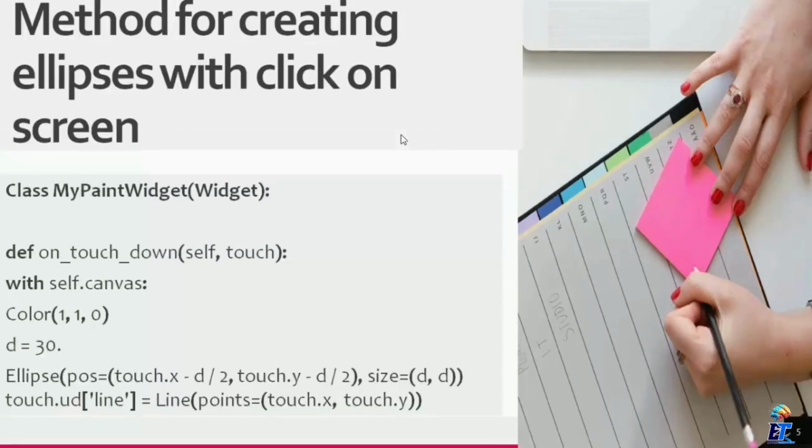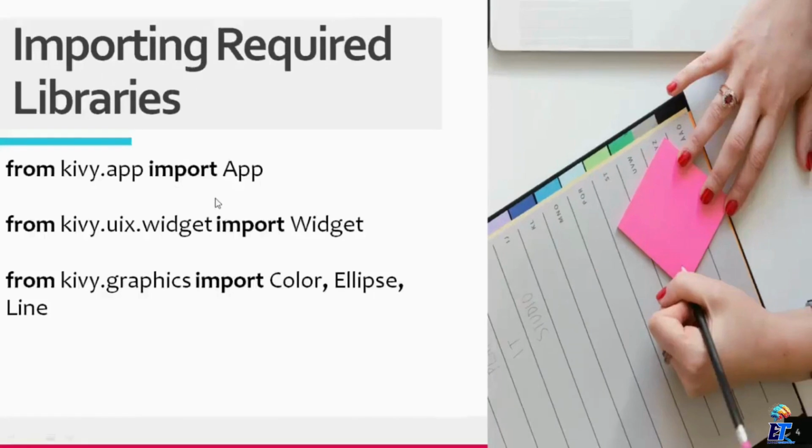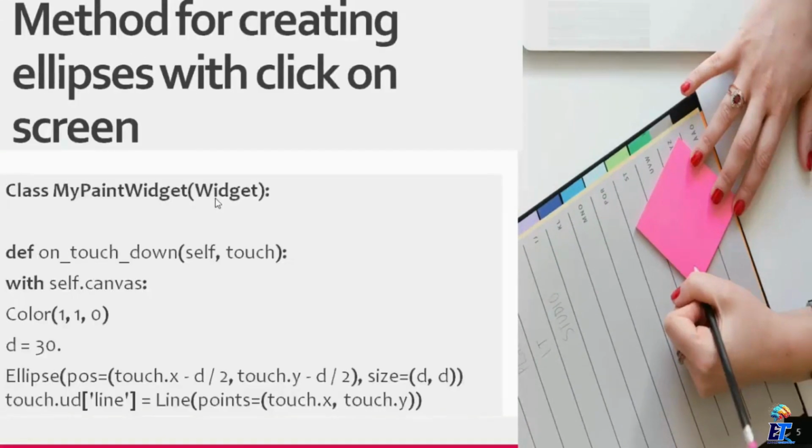Now let's look at the method for creating ellipses with a click on screen. So the first thing is we'll create a class in which we'll pass the widget which we have imported from kivy.uix.widget. Followed by that, we'll create a method and we'll provide the self keyword along with the touch.